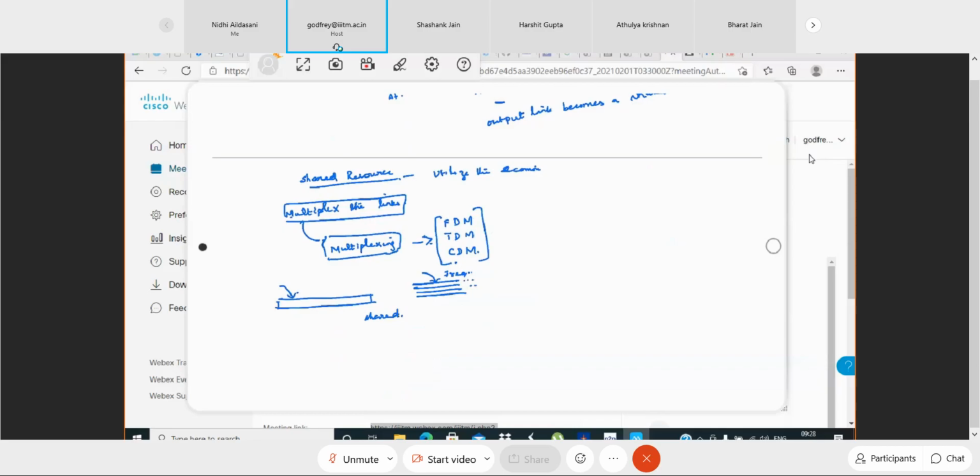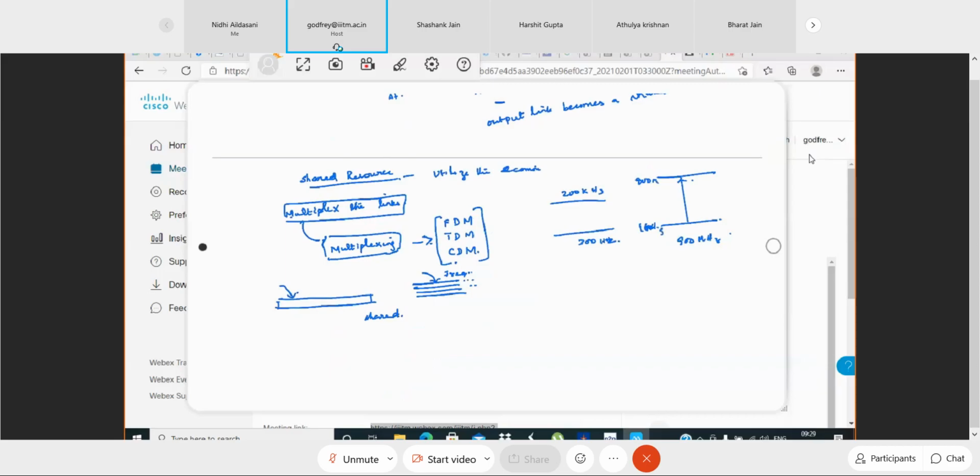Now in frequency division, say you have a bandwidth of 100 kilohertz, from 200 kilohertz to 300 kilohertz. If you look at 2G, it operates at around 900 megahertz. So at 900 megahertz, maybe you have 100 megahertz bandwidth, so you go from 900 megahertz to 1 gigahertz, right?